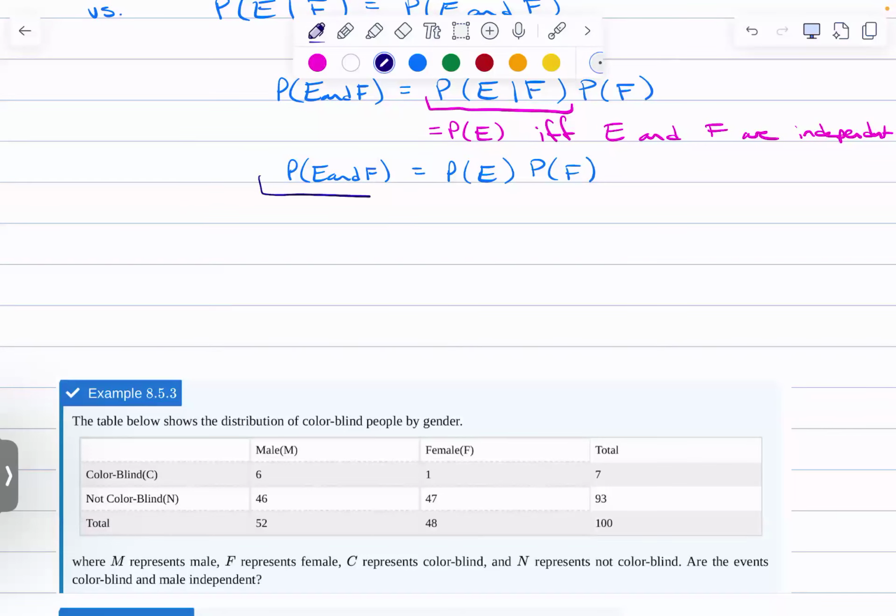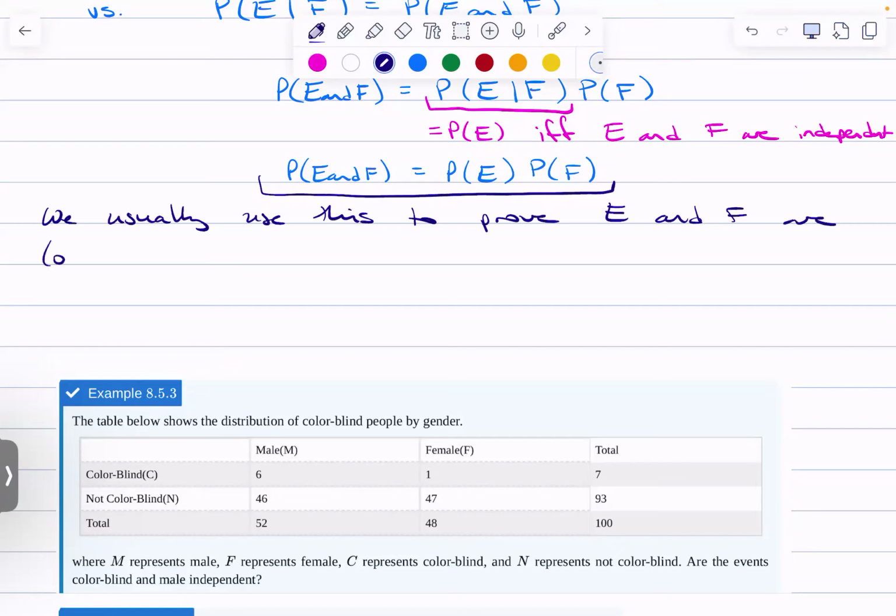Well, kind of. It's gonna haunt us. So we usually use this to prove E and F are, or are not, independent.